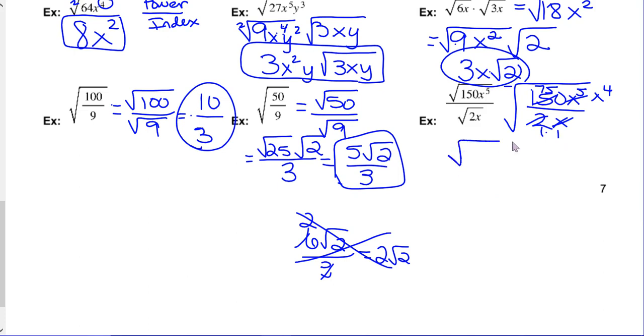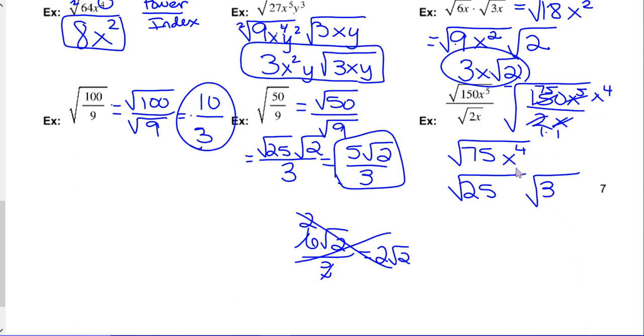So what I get down to now is the square root of 75x to the 4th. And this is much nicer to work with than that fraction right there. So again, I'm going to do perfect squares times what's left over. 75 has a factor of, what's perfect square? 1, 4, 9, 16, 25. Ding, ding, ding. We've seen that one before. 25 times 3.